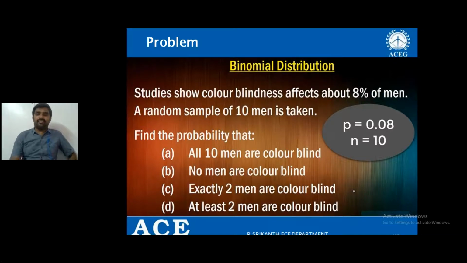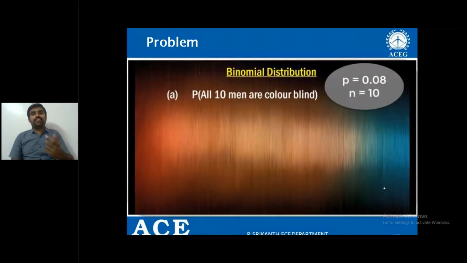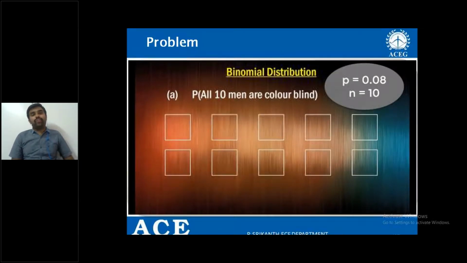Right, first case, all 10 men are colorblind. How do you find the probability? 10 members are selected. For the first one, the color blindness probability is 0.08. The second one also has the same probability.